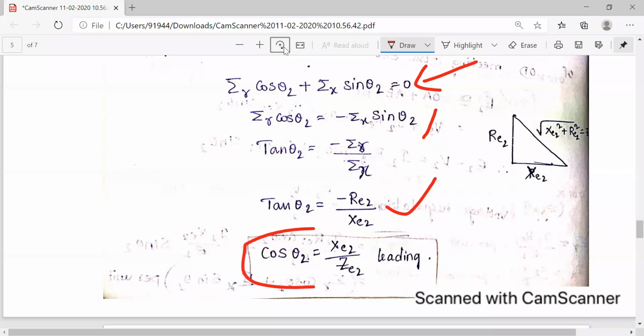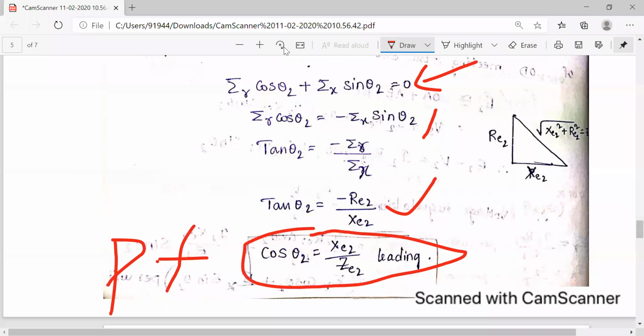This is very important. This is nothing but the power factor. In a transformer, voltage regulation will be 0 when cos theta equals reactance by impedance.